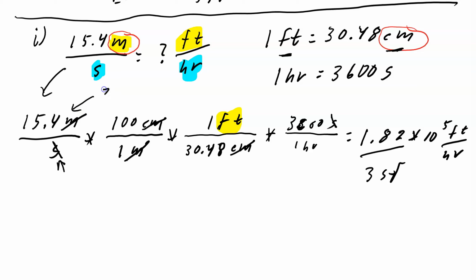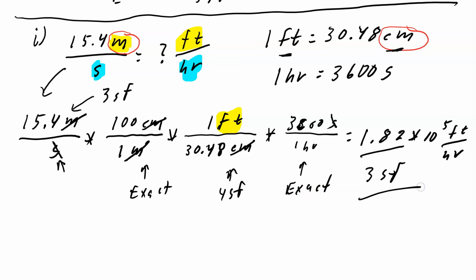I have 3 significant figures in my starting measurement, an exact number for my metric conversion. My conversion for feet to centimeters is a 4 significant figure conversion, and my time, of course, is exact. So my answer has 3 significant figures.